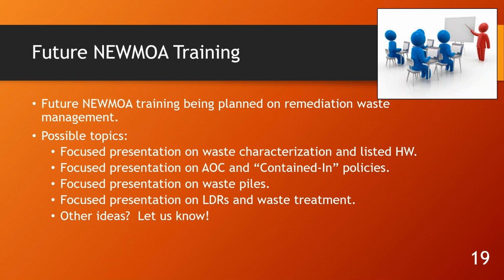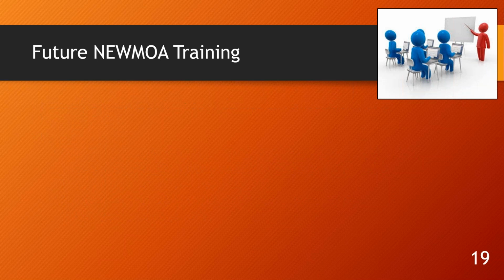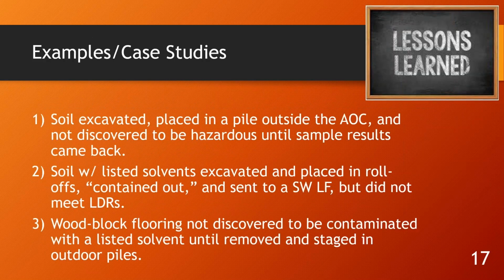Okay, and I think yesterday Ross Bunnell from Connecticut, whose case studies are right at the end, mentioned the wood block flooring. What ended up happening was that in the manufacturing facility there was a solvent tank, just in one area, and it had really, really contaminated those blocks. But when they dug everything up, they didn't test beforehand.